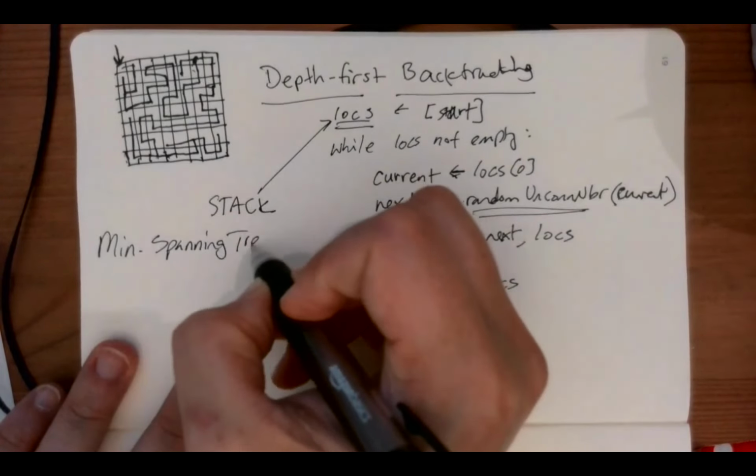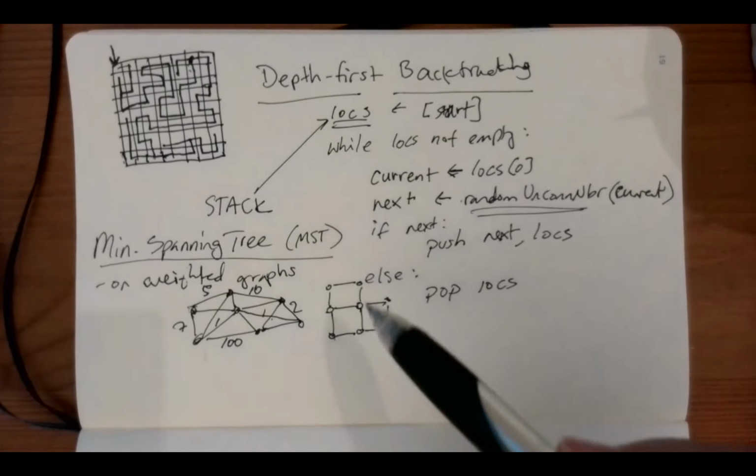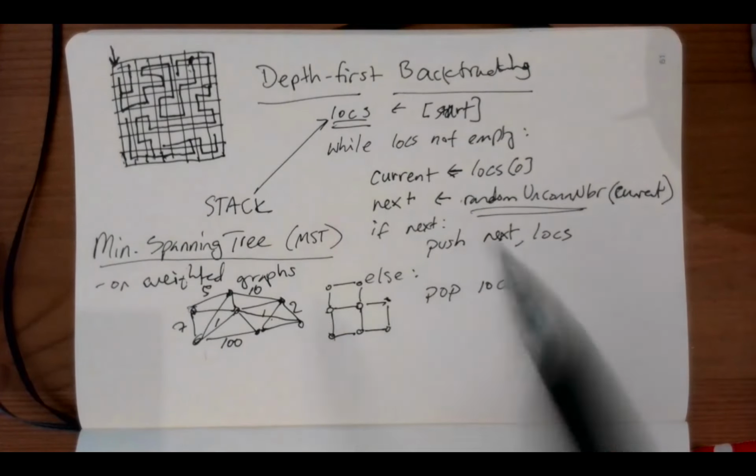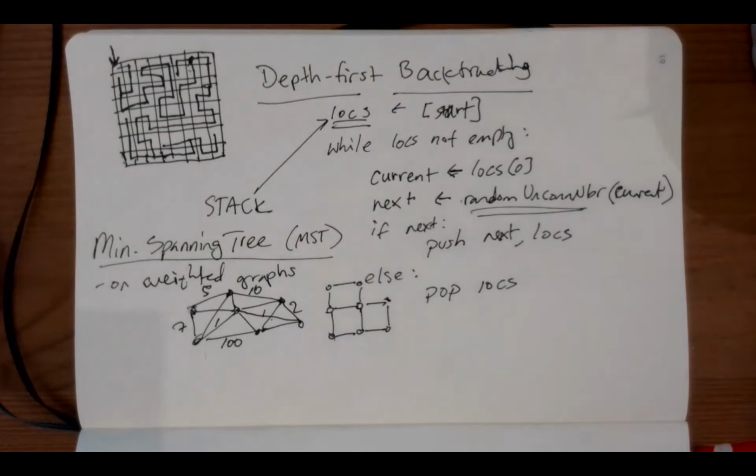So a minimum spanning tree algorithm, the goal is to create a subset of the nodes in the graph that connects all of the nodes in the graph, right? So we want to be able to visit all of the nodes in the graph, but we only want a subset of the edges, and we don't want any cyclical connections.